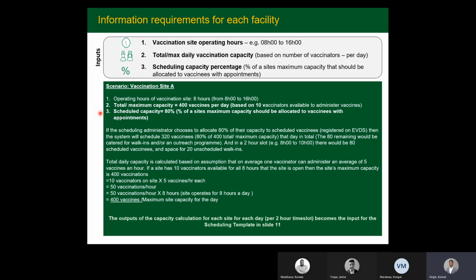This is the percentage of a site's max capacity that should be allocated to vaccinees with appointments that are registered through the Evds system. If the scheduling administrator chooses to allocate 80% of the capacity to the scheduled vaccinees, so those that are registered on the Evds system, then the system will schedule 320 vaccinees, which is 80% of that 400 total maximum capacity for the site that particular day, and the remaining 20% will be catered for walk-ins, or if your site is running any outreach programs.